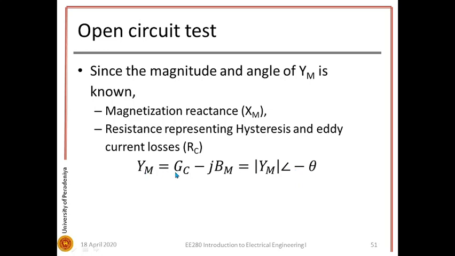From this we can find Gc and Bm, and thereby the magnetization reactance Xm and the resistance representing the hysteresis and eddy current losses, Rc. So from the open circuit test, we find the parameters in the magnetization branch.